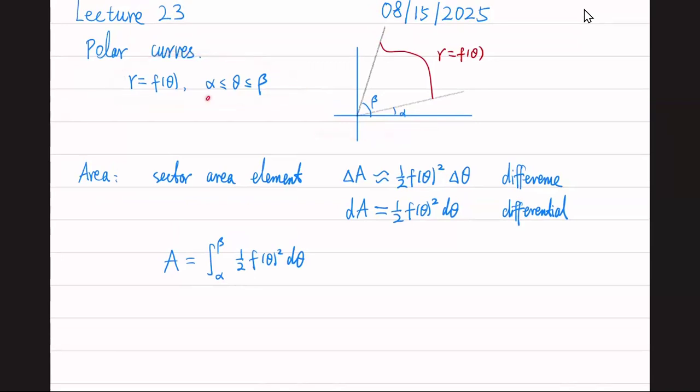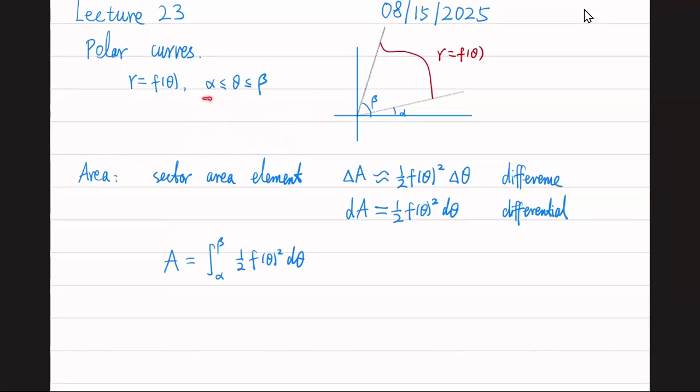So if we have a parameter t, x of t, y of t, we have a, b, the range of the parameter. Yeah, beta.